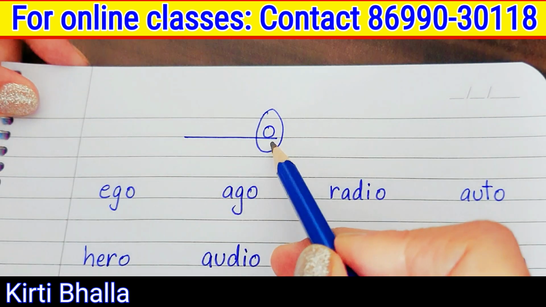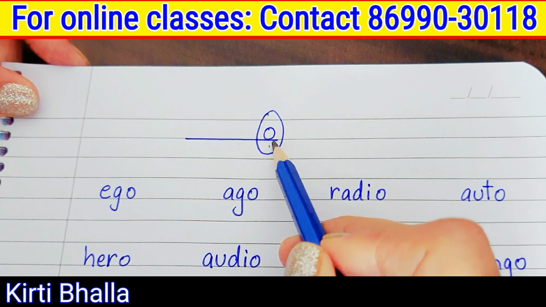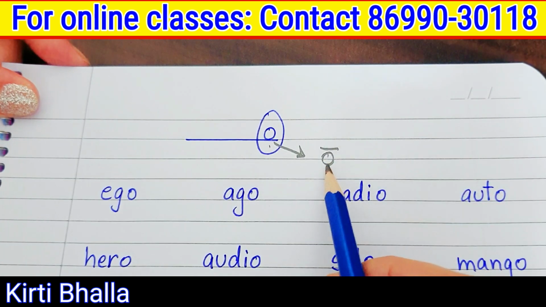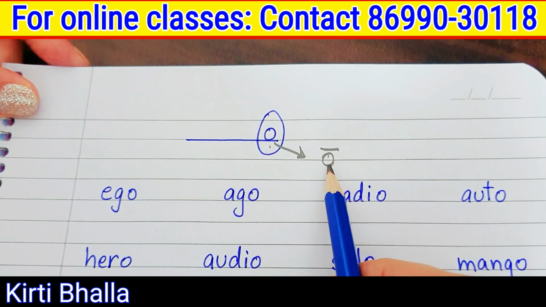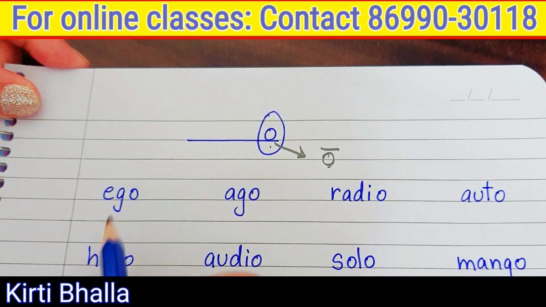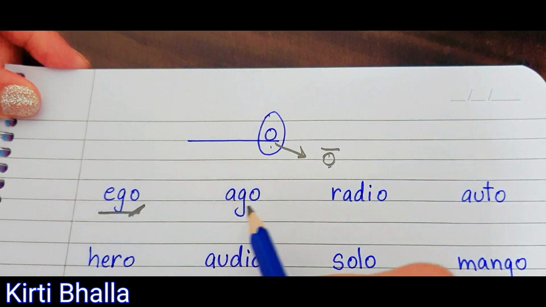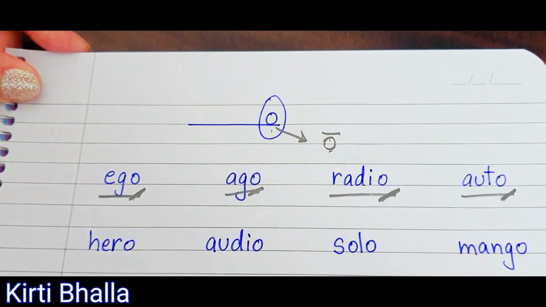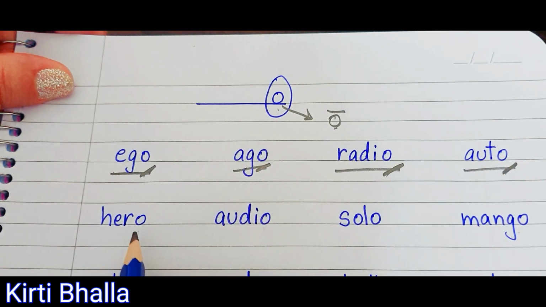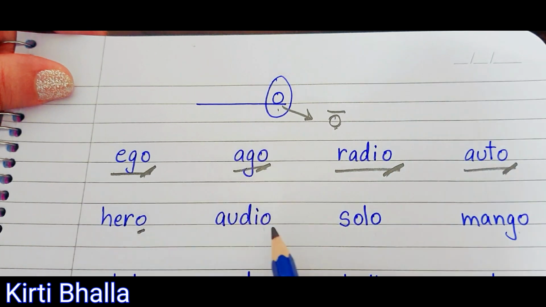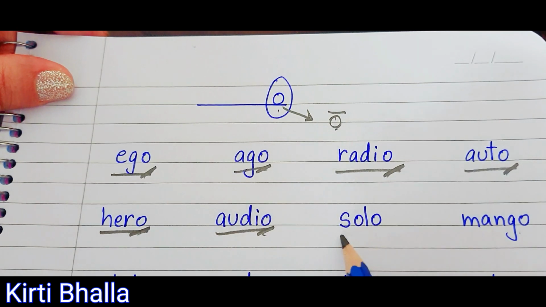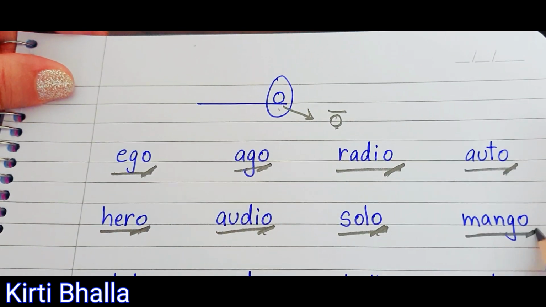Now let's talk about letter O. If letter O comes at the end of a word, we read it as O with its long sound, "oh". Now let's read the words. Ego, ago, radio, auto. Now I want you to pay attention to the ending O sound. This is hero, audio, solo, mango.